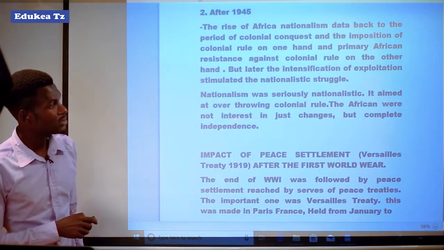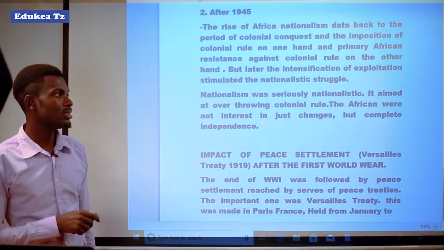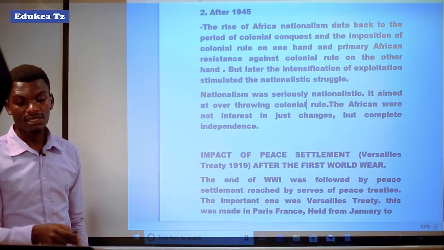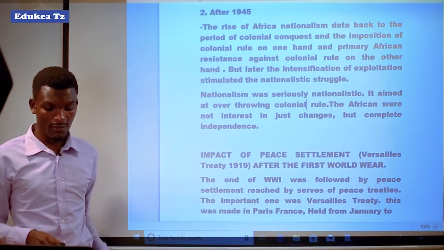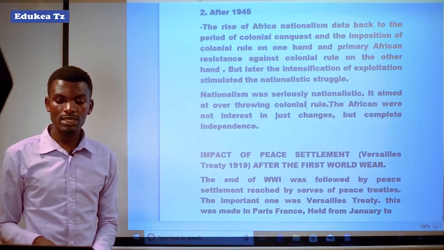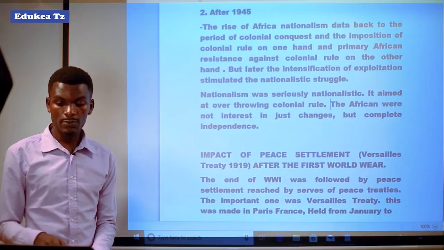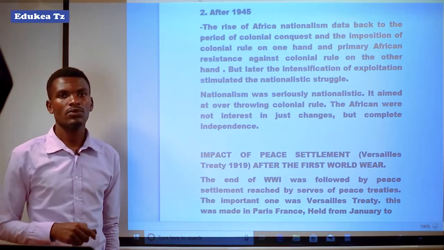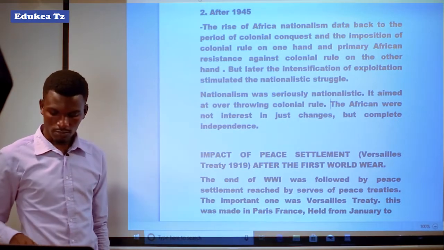The Africans were not interested in just changes but complete independence. During this stage the Africans were aiming at attaining their lost independence, the complete independence of their nations.